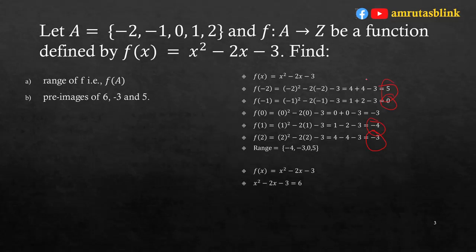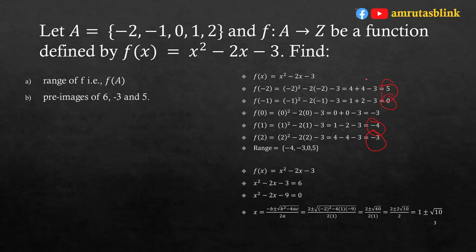So x square minus 2x minus 3 is equal to 6. If we rearrange this equation, we'll get x square minus 2x minus 9 is equal to 0. Now we cannot find factors of 9 which give us a summation of minus 2. Hence, in order to find the value of x, we will use the formula.